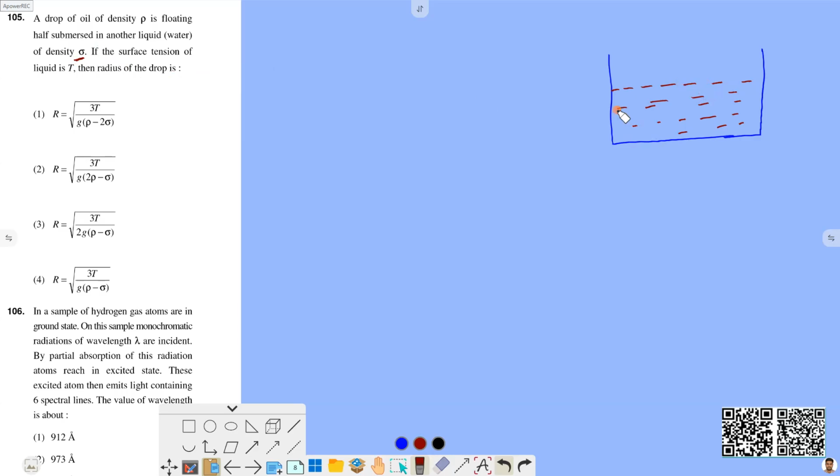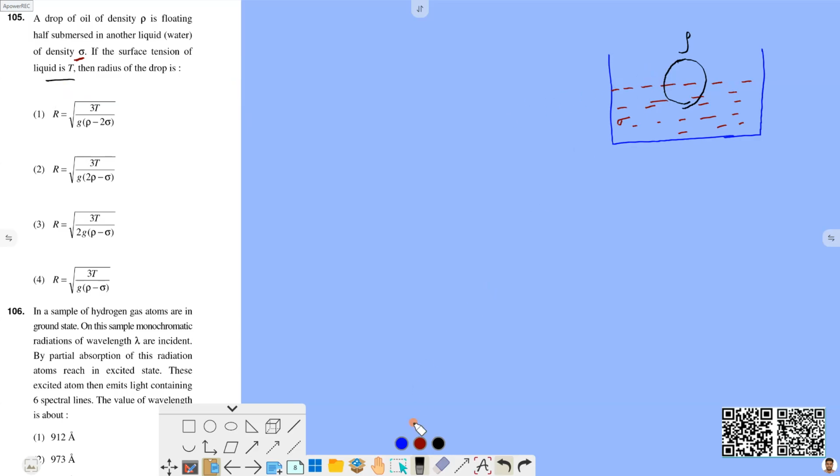So this liquid has a density sigma, and we have an oil drop that is half submerged, so half is outside and half is inside, and its density is rho. We know from fluid mechanics that there will be a buoyant force on it, and as surface tension is also mentioned, there will also be an upward surface tension force on it.